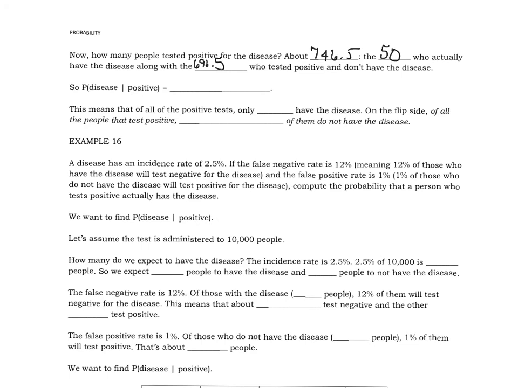What is the probability that someone has the disease given they tested positive? So our number of outcomes is not 10,000, it's the number of people who tested positive. And of all those people who tested positive, how many people had the disease? 50.